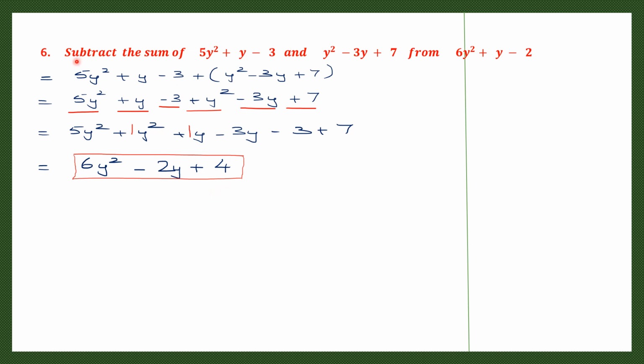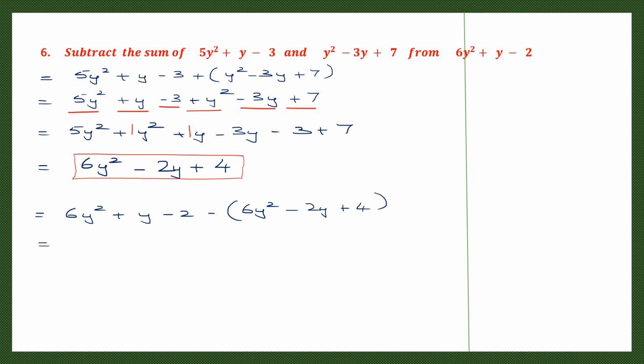Now what are we asked to do? We are asked to subtract this sum, that means this answer, from this polynomial. So we have to write this polynomial first and subtract this from that. So let's write this first. So what do we have? We have 6y square plus y minus 2 minus the sum that we got, that is 6y square minus 2y plus 4.